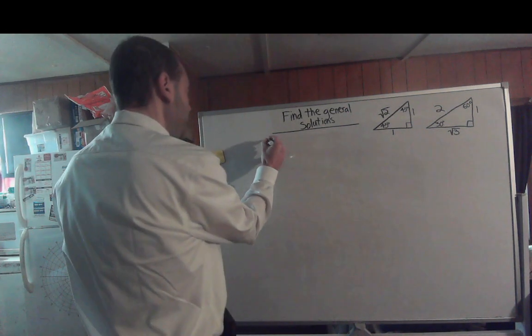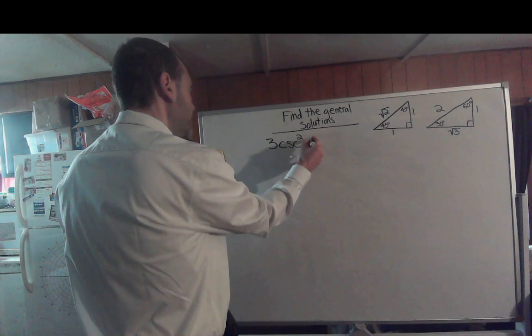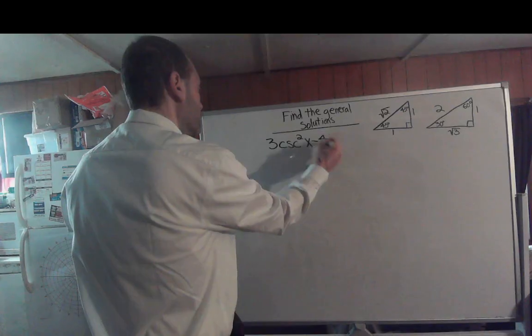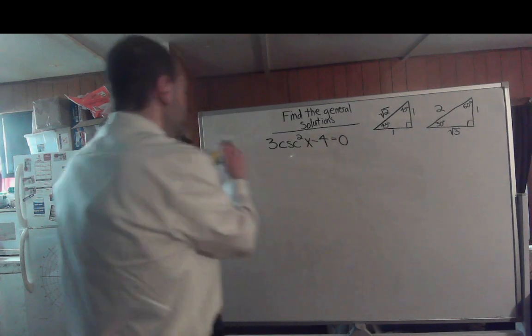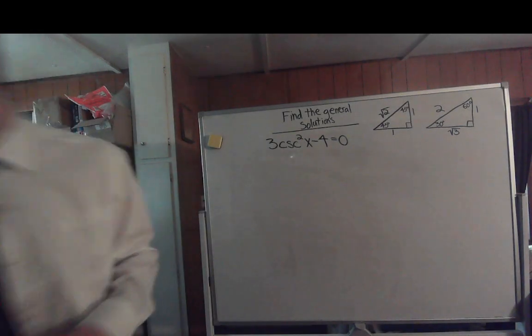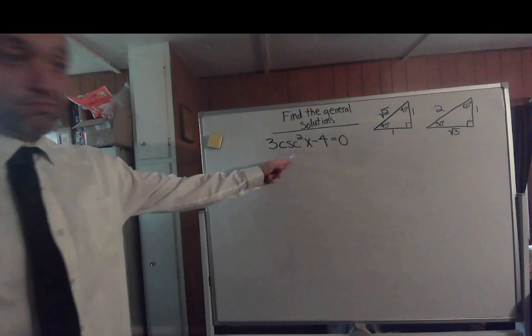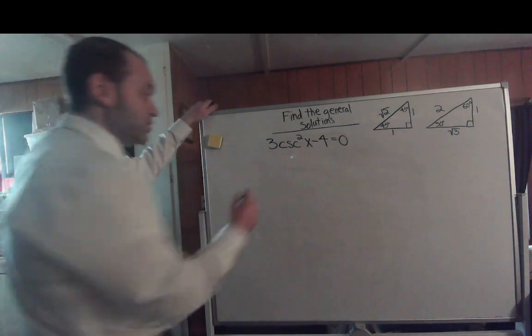Alright, so we have 3 times the cosecant squared of x minus 4 equals 0. So this is a quadratic trig function. Well, it might be easiest to move the 4 over to the right-hand side.